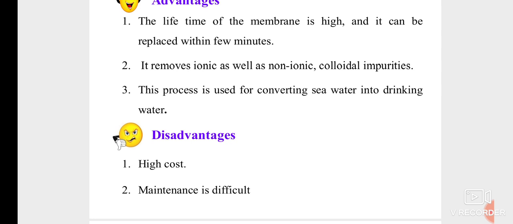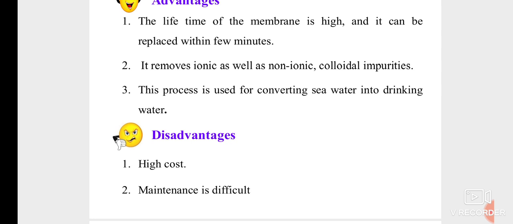Then another one is that maintenance is very difficult. Why is the maintenance very difficult? We have to use seawater. That seawater contains a large amount of salt content, impurities, colloidal matter, iron content, Fe content, calcium, magnesium.